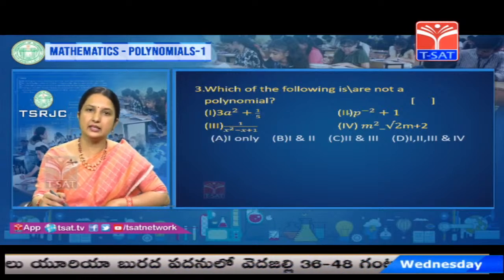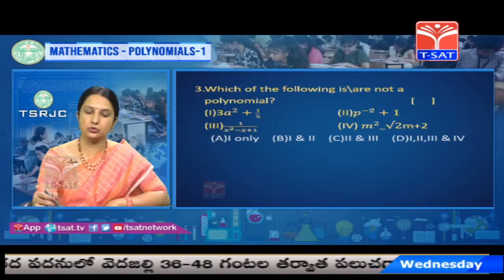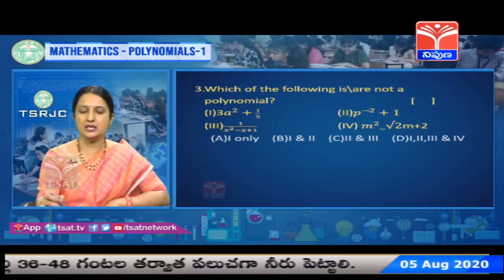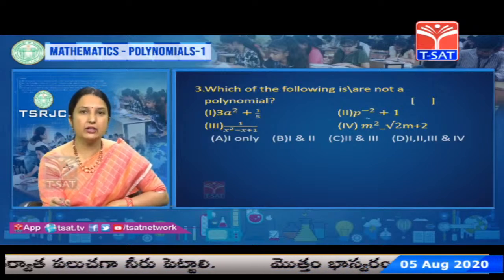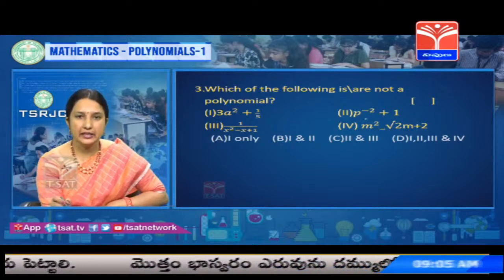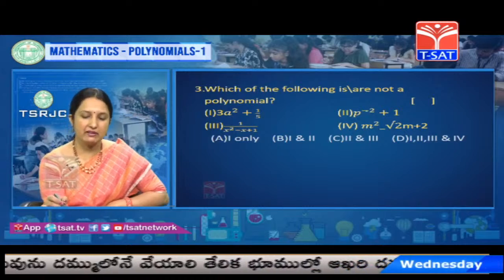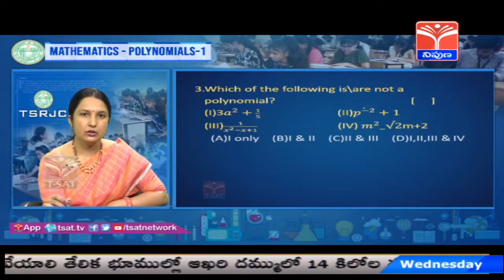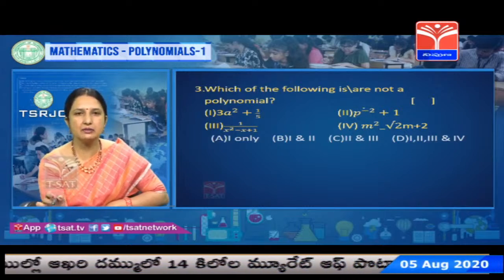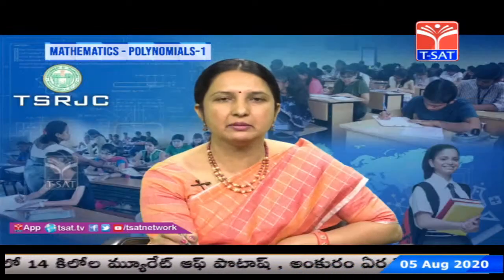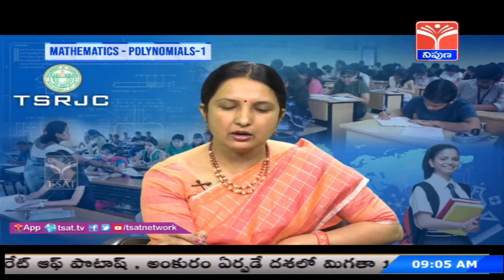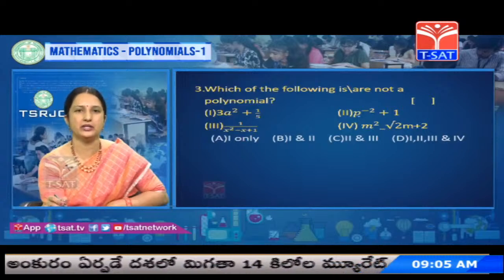Then in the second case, you see p power minus 2 plus 1. So, a negative number is there in the power. A negative number is an integer. In powers we should get only whole numbers. Whole numbers start from 0. Negative numbers will not come under whole numbers. So, option 2 is not a polynomial.